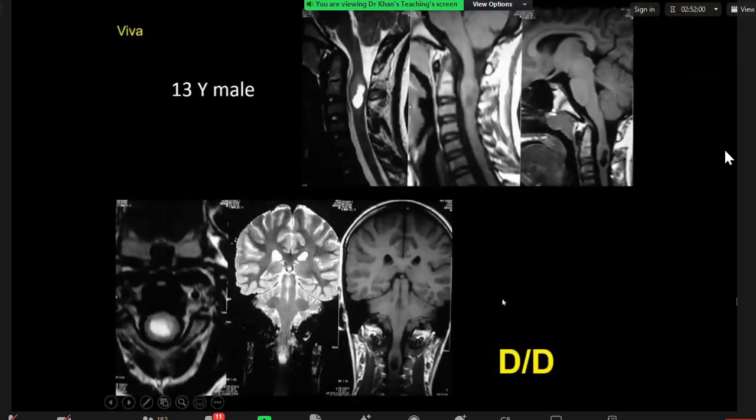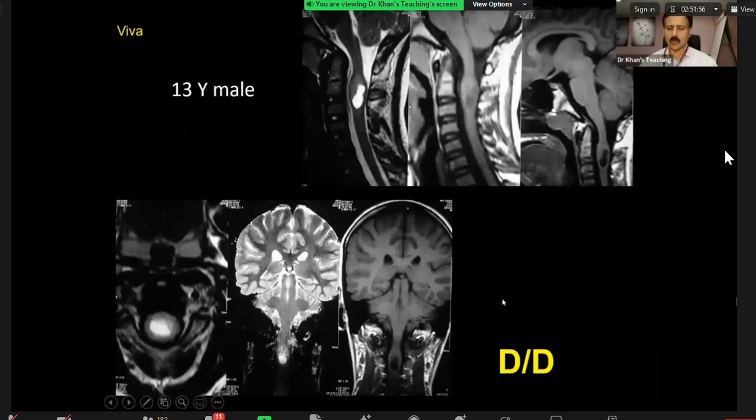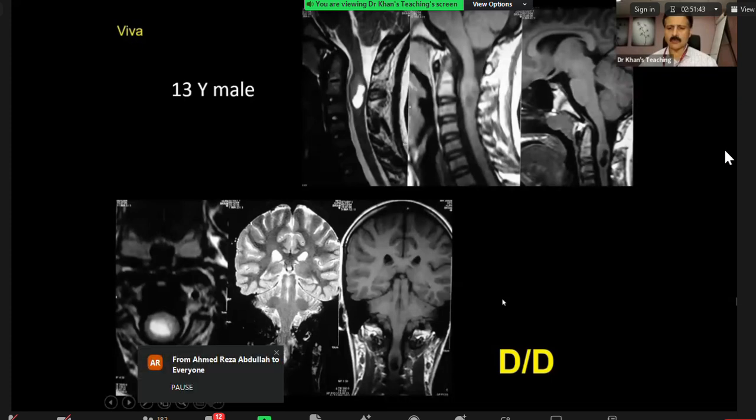And it will be so bright that on angio you will pick it up, right? That is the classical appearance, just as what you see here.